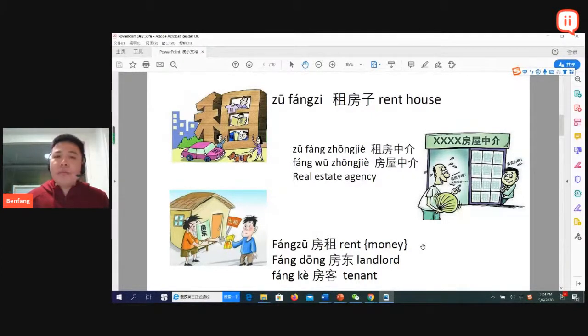在中国，租房子，不容易找到一个房东，你很难直接找到你的房东。It's very difficult to directly have contact with your landlord. 所以我们做什么？我们会去一个租房中介, we will go to a real estate agency.